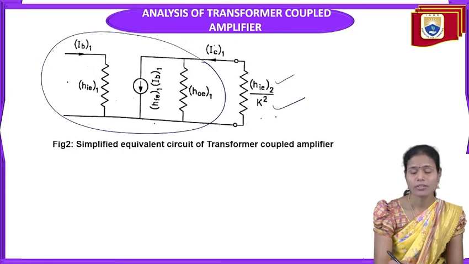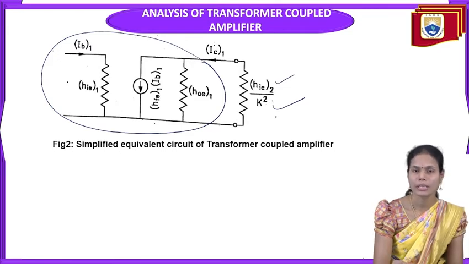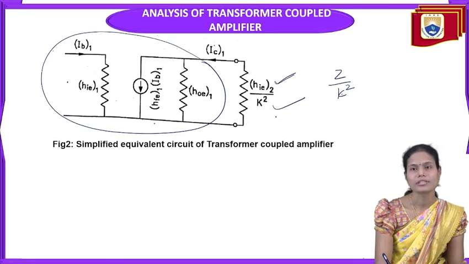We represent it this way because the input impedance of the second stage is reflecting back to the load impedance of the first stage, in terms of impedance divided by turns ratio squared. The impedance is hie2 here and the turns ratio is K, so it is hie2 by K square.